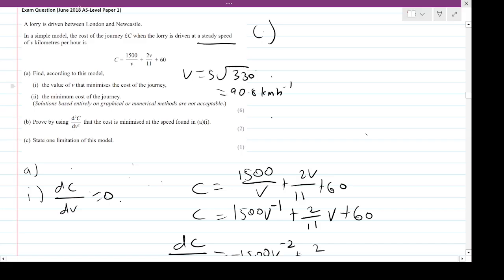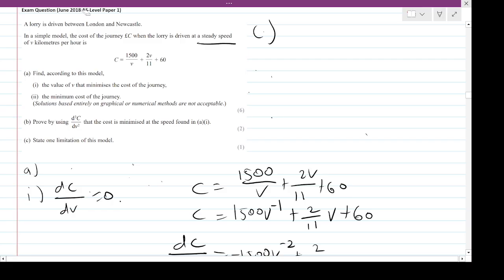It's alluding to the fact that it's going to be at roughly the same speed all throughout the journey. Does that make sense? Not really, because there's going to be traffic. Are you really going to be travelling at the same speed all the way throughout a journey? No, because there'll be traffic jams, you'll be slowing down, all the stuff like that. So that is a limitation.